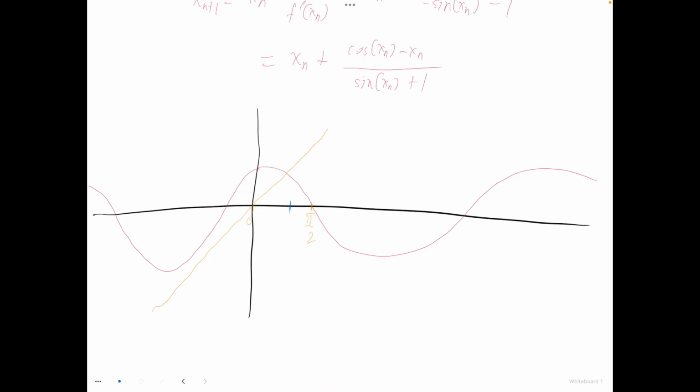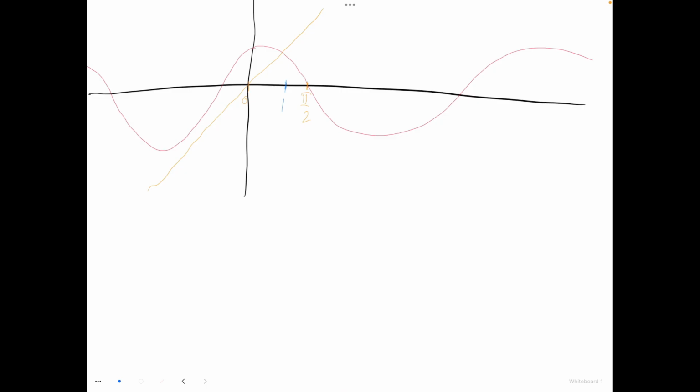Now 1 may not be right. In fact, it's not right. Cosine of 1 minus 1 is not 0. But 1 is a good initial guess, because it's somewhere in the middle. And so we're going to start with x sub 1 equals 1, because that is close to the right answer. And now we're going to find x sub 2, and so on.